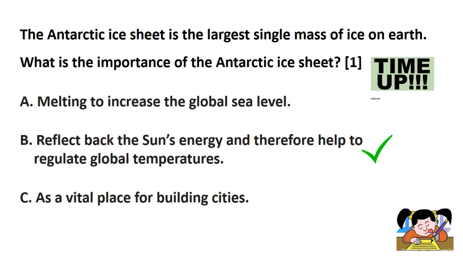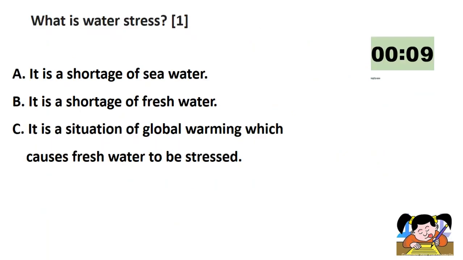So reflecting back the sun's energy. I'll add 5 seconds to this question. So the question is, what is water stress? Okay, again, we've talked about water stress: shortage of fresh water. That's the answer: shortage of fresh water.